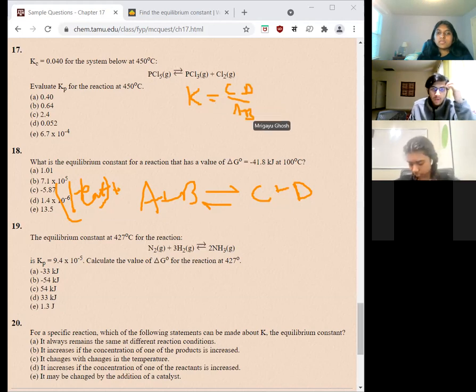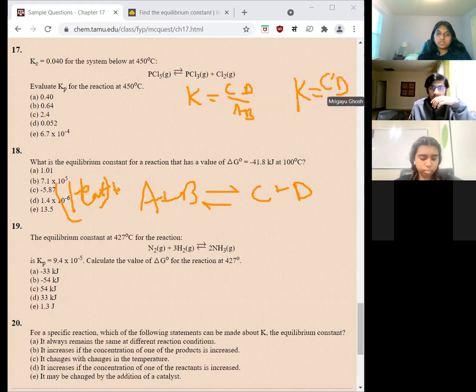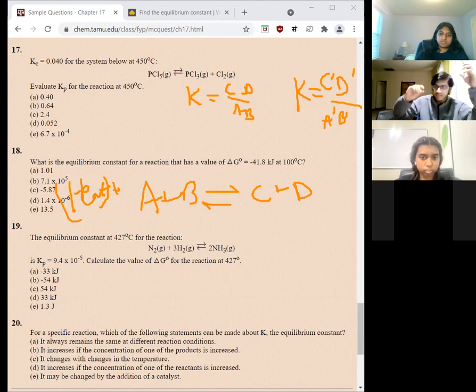Whenever you add heat, you're shifting the equilibrium to the right. So the equilibrium constant is now some new C, some new D over some new A, some new B. You can't do a rice table with this, because when we do rice tables, we make the assumption that K is the same. That's what allows us to find that change in X. But here the equilibrium itself shifts because you've added in more heat. That's how I think of it.